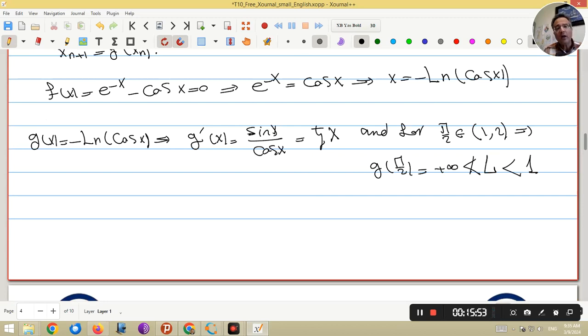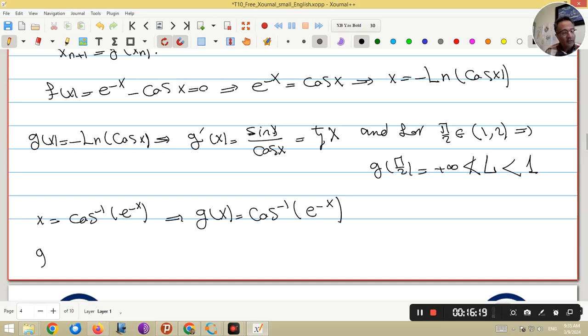We can take arc cosine from both sides, and we get x equal to cosine inverse of e to the power of minus x, and then we define g of x equal to cosine inverse of e to the power of minus x.